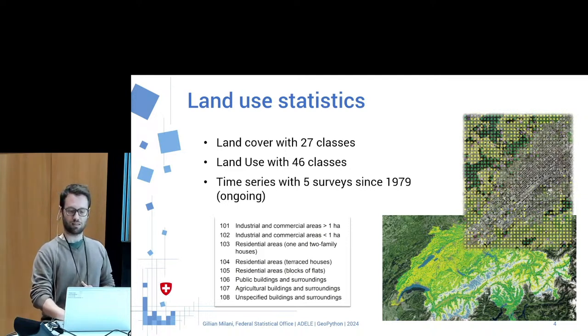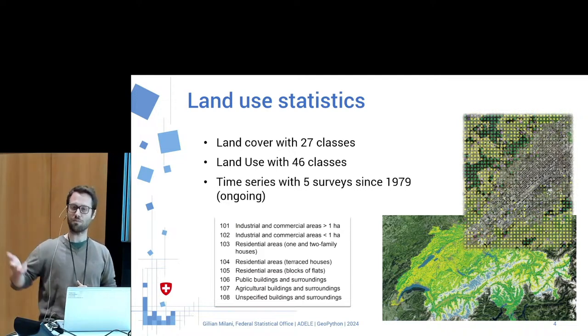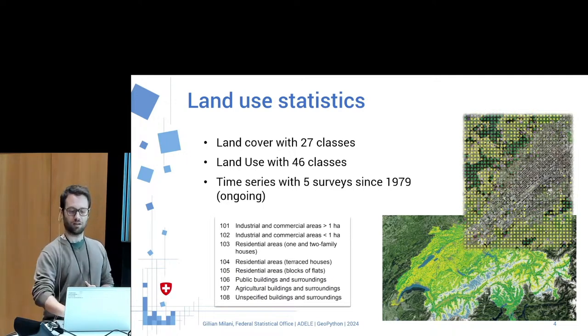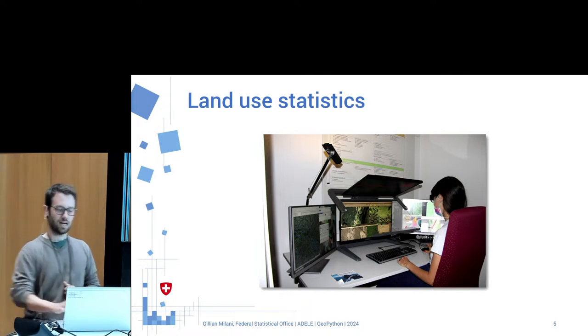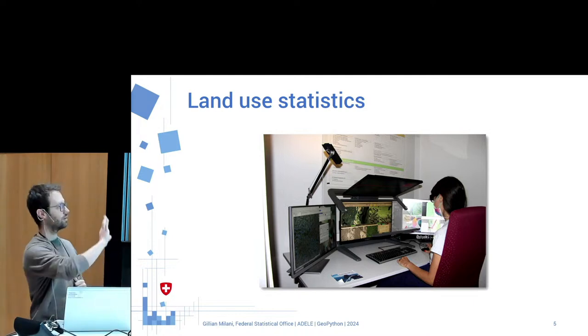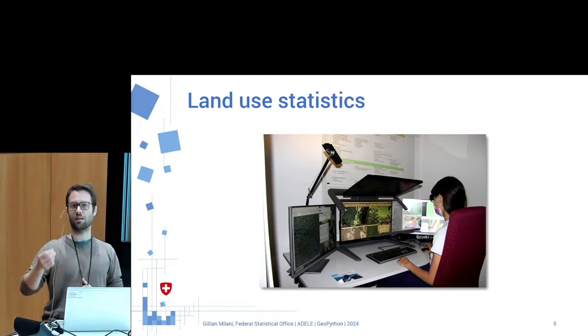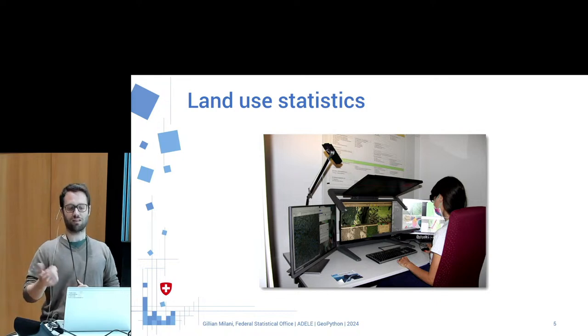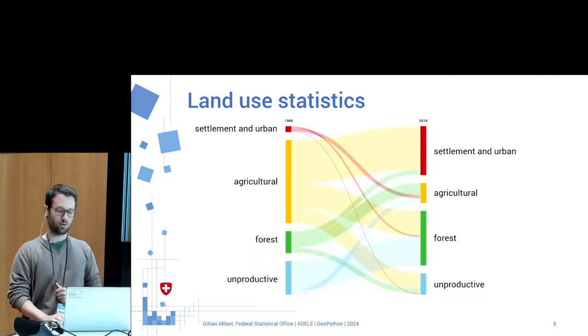The dataset on which we work is composed of more than 4 million points that were surveyed already 4 times in the past, from around 1978, and now we are in the 5th survey. So we have people who look at stereo images taken by airplanes that have many different pieces of information on the 3 screens, and for each of these 4 million points, they spend on average 12 seconds per point, and they give these 2 classifications to every point.